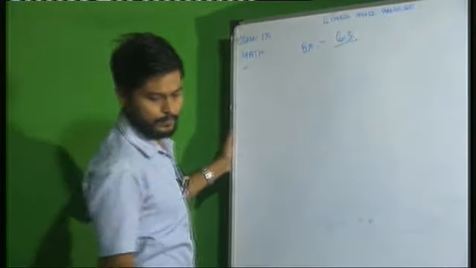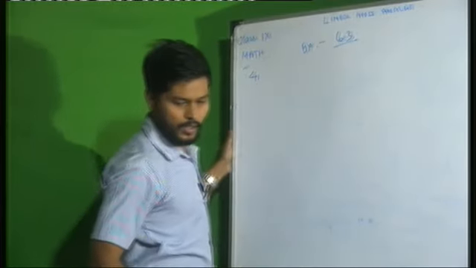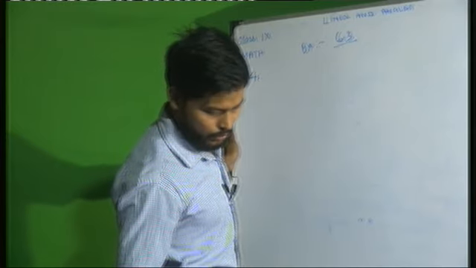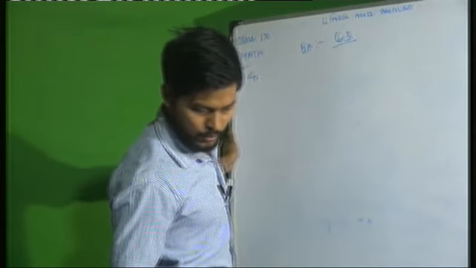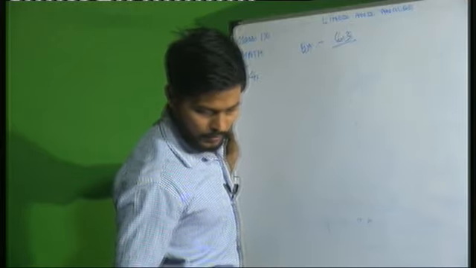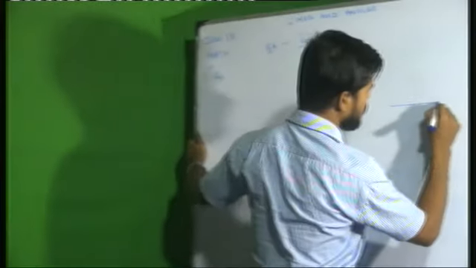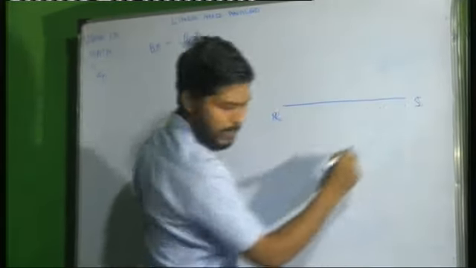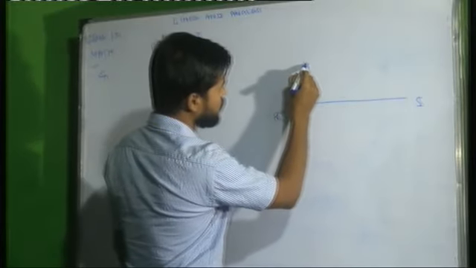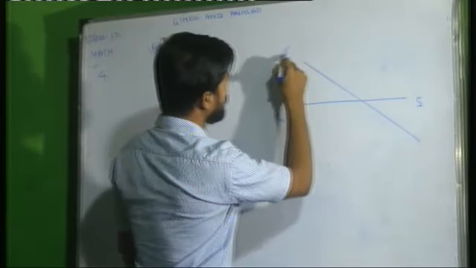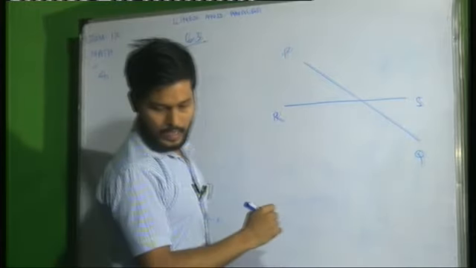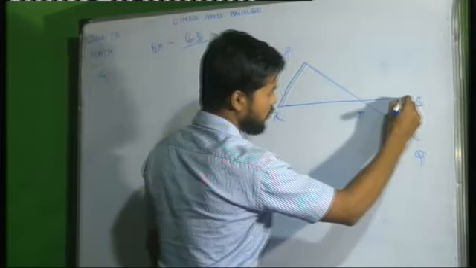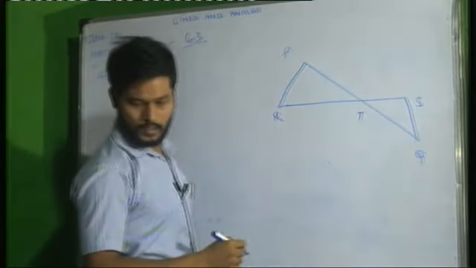Now next, let's proceed to question number 4. Question number 4 is in figure 6.42. Look, there are two lines, RS and PQ, which intersect each other at the point T. Join these two points.